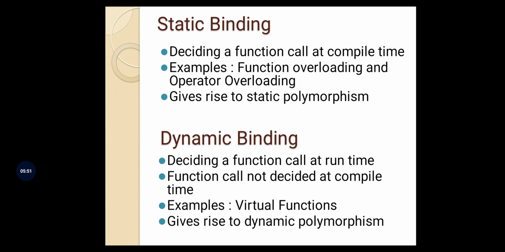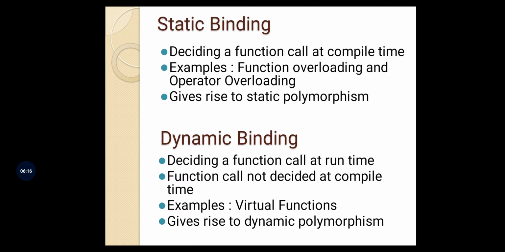So in your placement exam, if they ask you, do you know object-oriented programming? Can you give me an example of polymorphism? Then please do not give an example from static binding, because what they are trying to ask is, do you know dynamic polymorphism, and how can it be achieved in object-oriented programming?